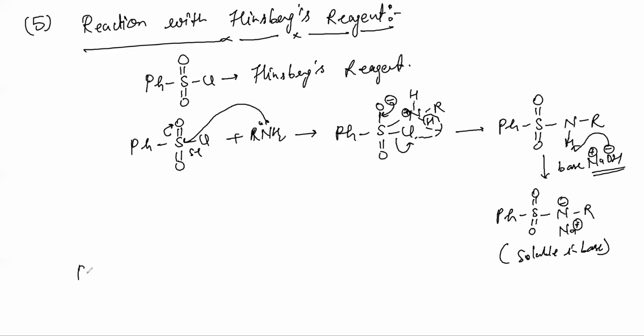Now, can you perform a very similar reaction with RNHR? Can you tell me what will be the product of this reaction? HCl was removed here, by the way. Again, the lone pair will attack.